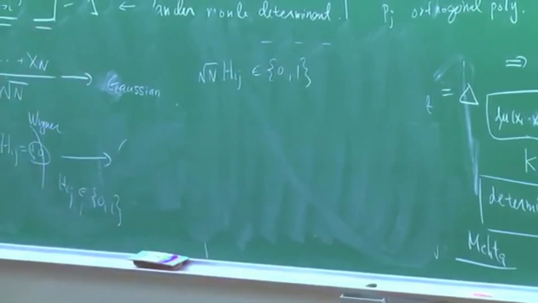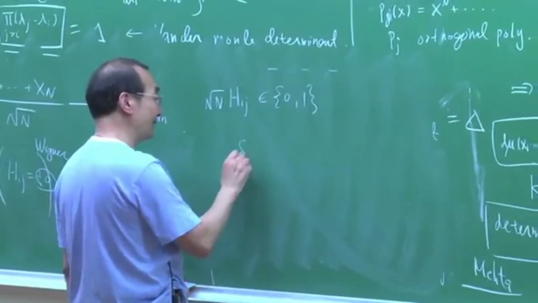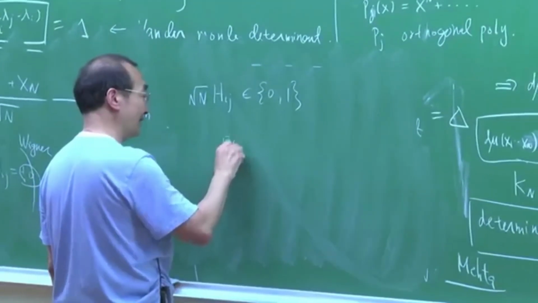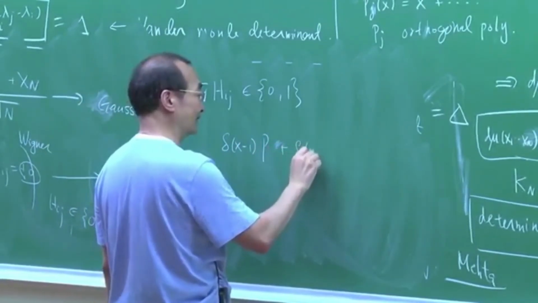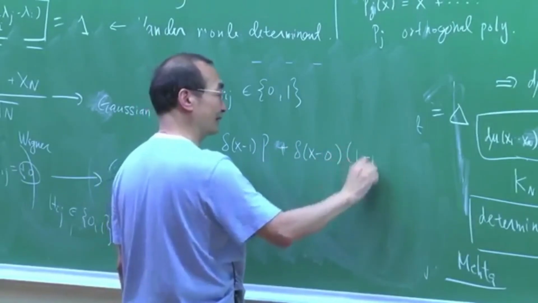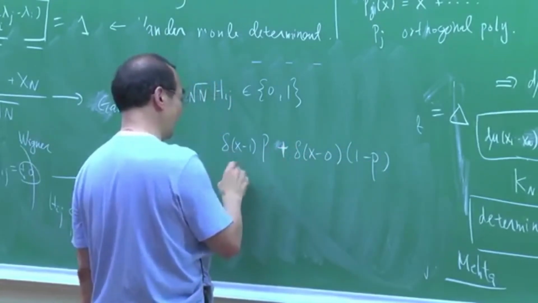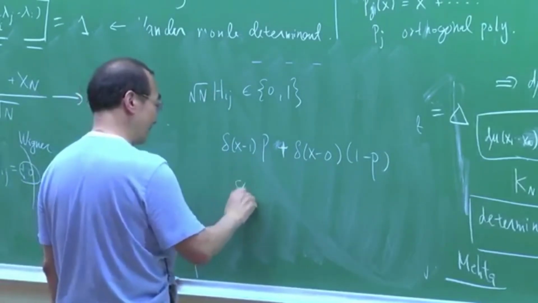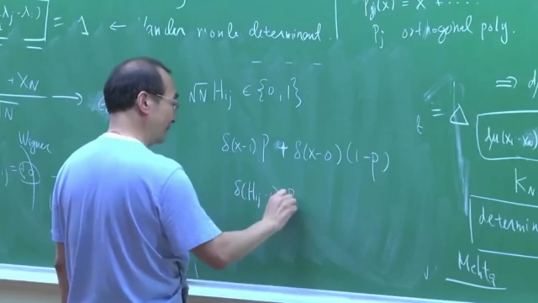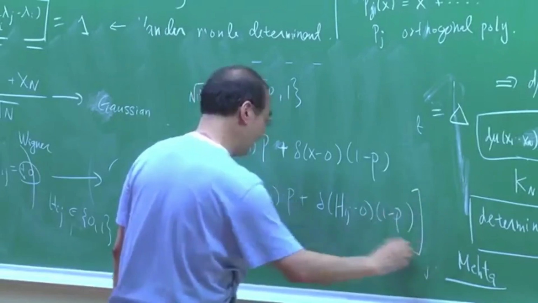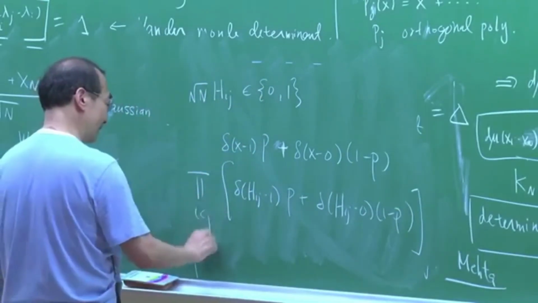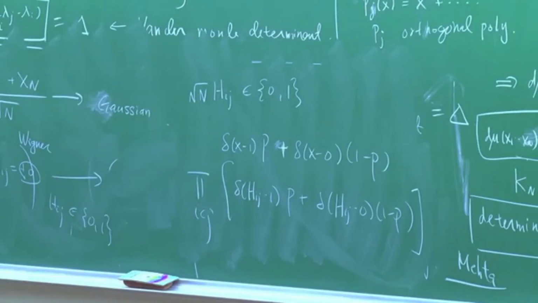Then the probability distribution is delta of x minus 1 times p plus delta of x minus 0 times 1 minus p. You put this as delta of Hij minus 1 times p plus delta of Hij minus 0 times 1 minus p, and you take a product over i less than j. This measure you will never be able to approximate by something of this form.